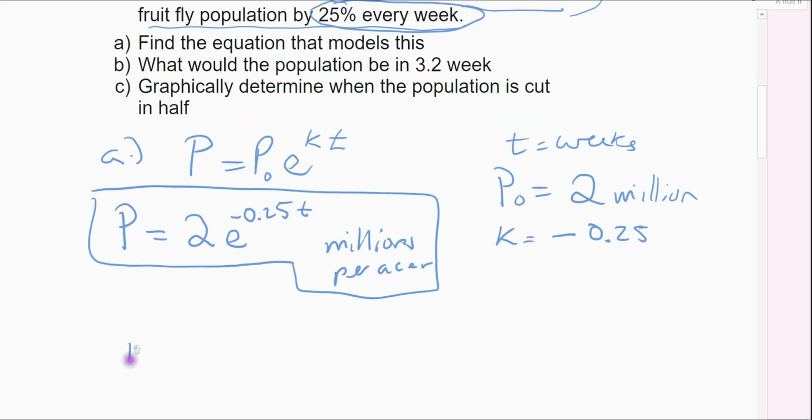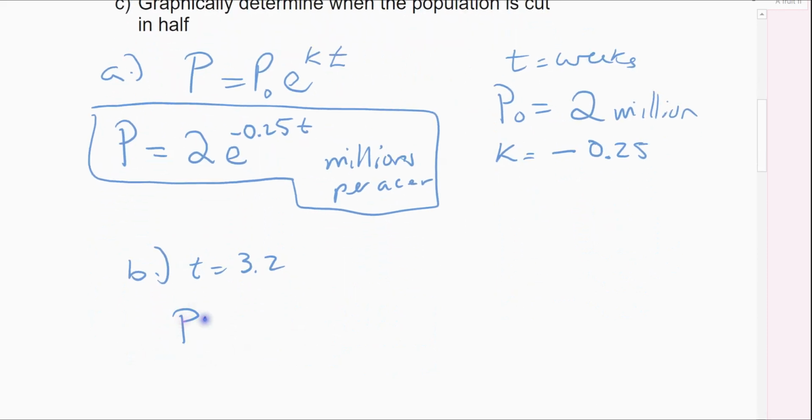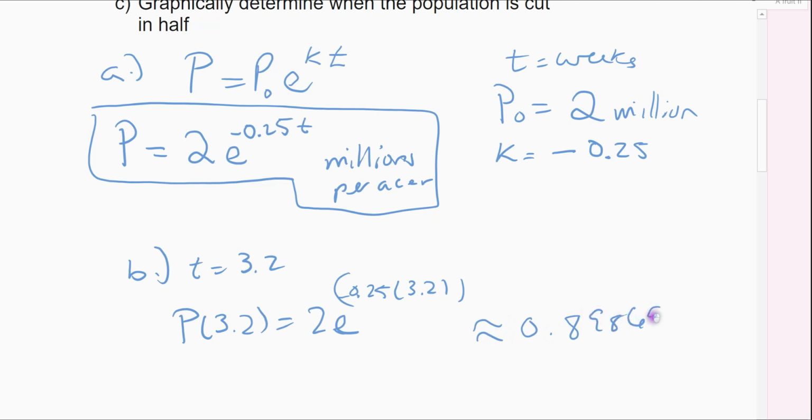All right, so B, then we'll use it. Time is going to be 3.2, so I plug 3.2 into that equation. The population in 3.2 weeks is 2e to the negative 0.25 times 3.2. Make sure that's all up in the exponent. Then I'll round to maybe 1 or 2 decimal places. That comes out to 0.89865.